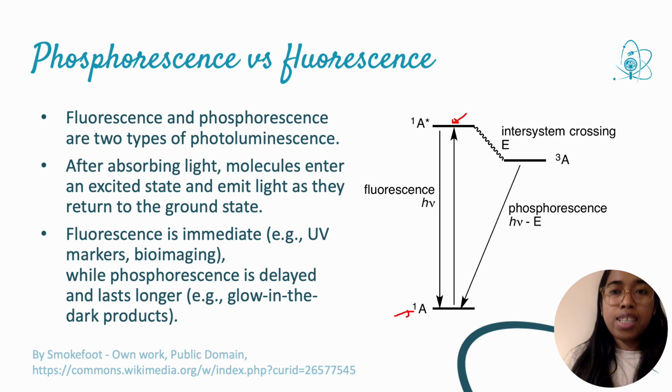But this excited state is not a stable one, so the molecules will go back to the ground state to reach stability by emitting light in forms of fluorescence or phosphorescence. The difference between the two is that fluorescence is immediate, while phosphorescence is delayed and can last a little longer.